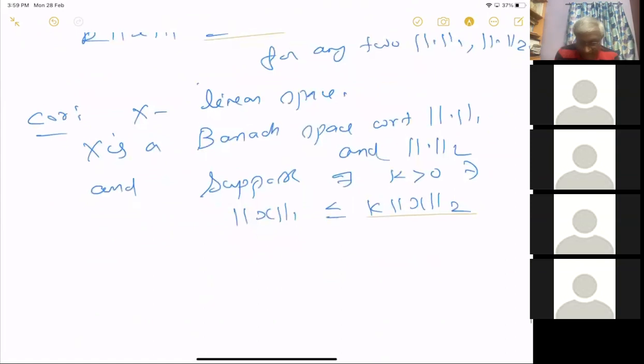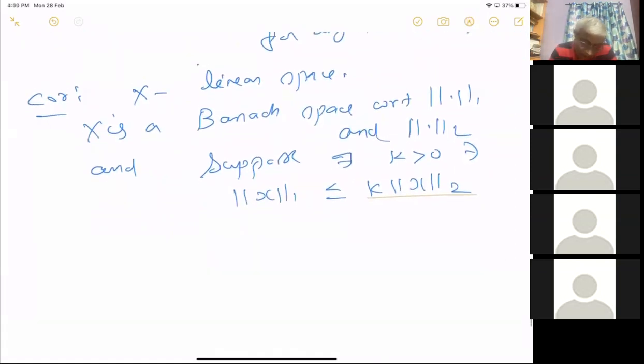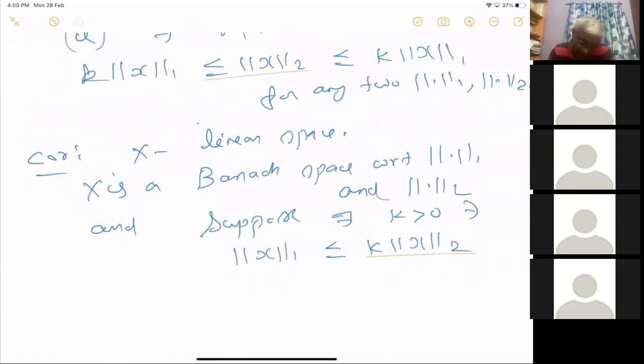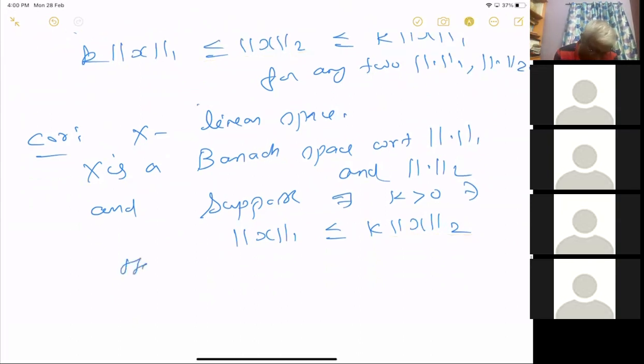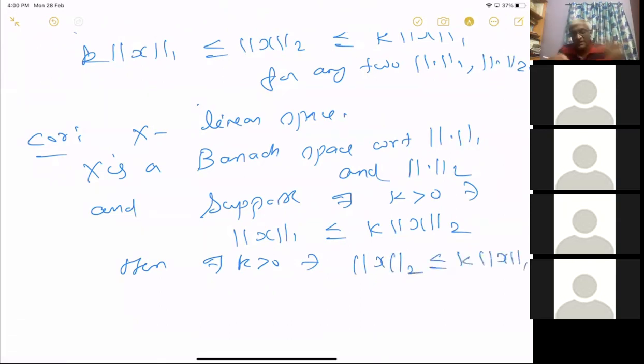This means that the topology given by norm 1 is contained in the topology given by the stronger norm 2. But then they are actually equivalent: there exists a k greater than 0 such that norm x2 is less than or equal to k times norm x1. So they are equivalent.